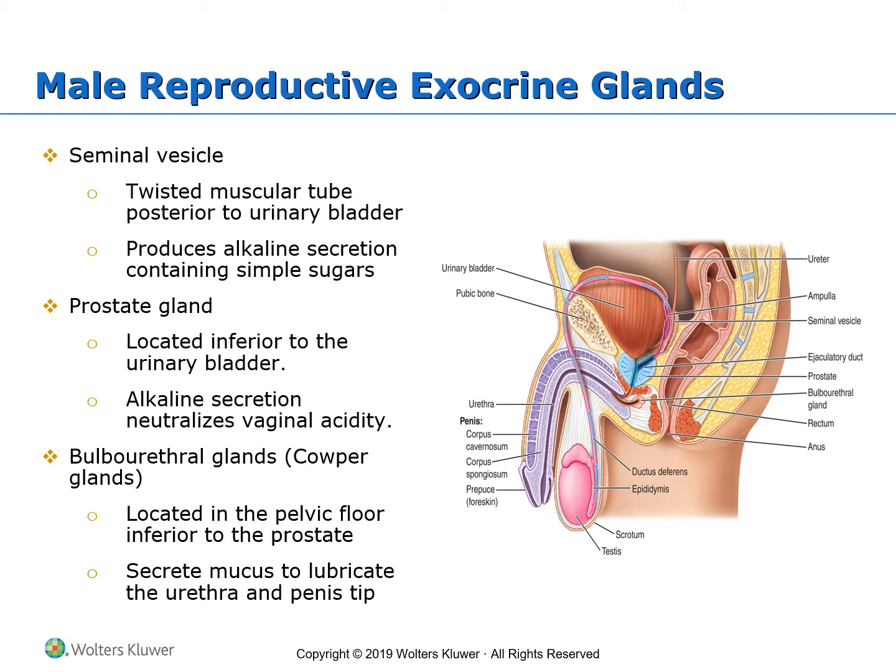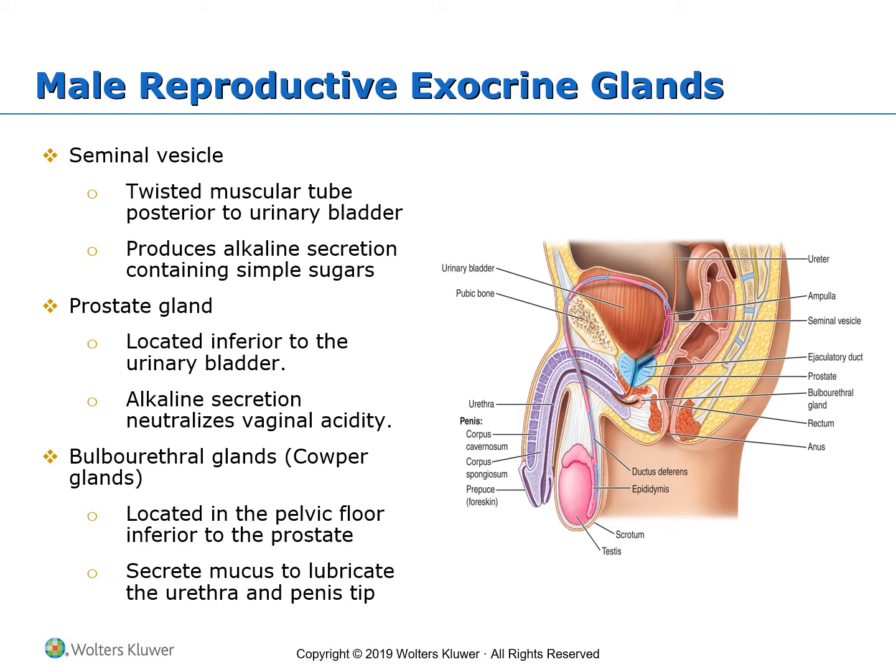The next gland, in baby blue at the bottom, at the neck of the urinary bladder in your image, is the prostate gland. It lies just inferior to the urinary bladder, and it surrounds the first part of the urethra. So the ducts from the prostate will carry the secretion into the urethra.